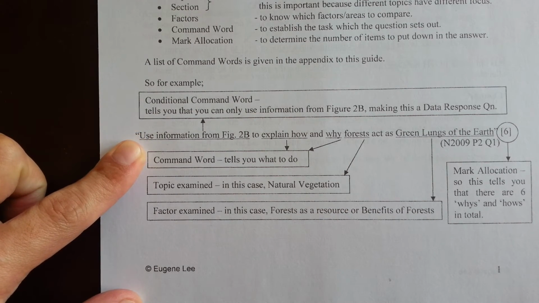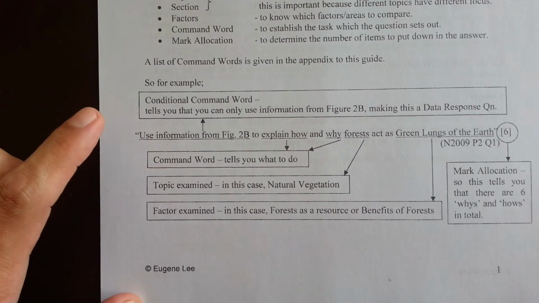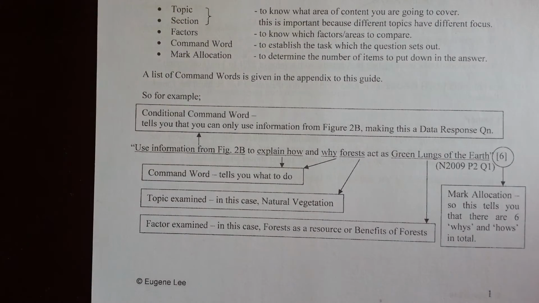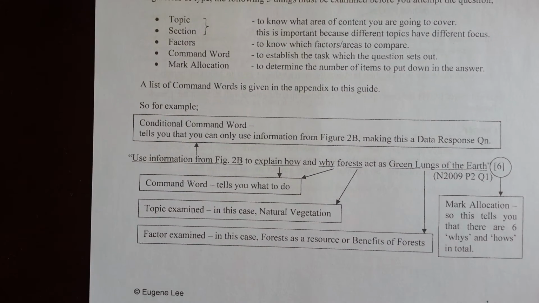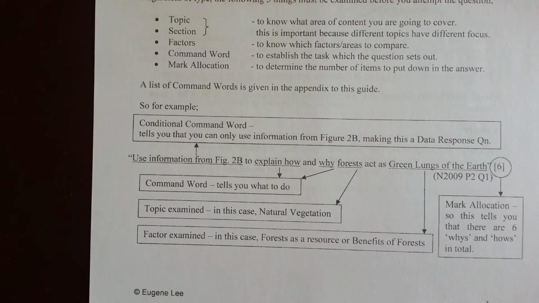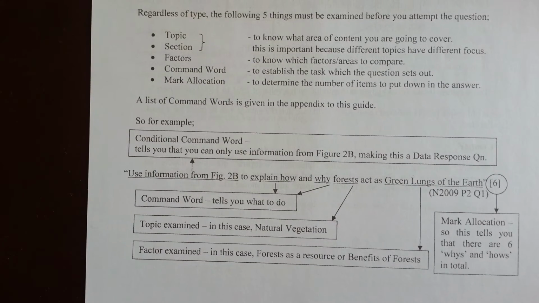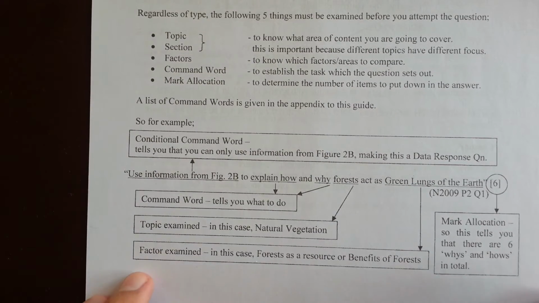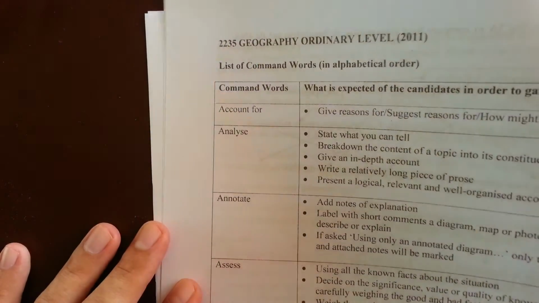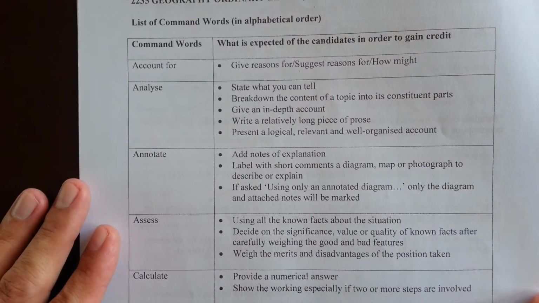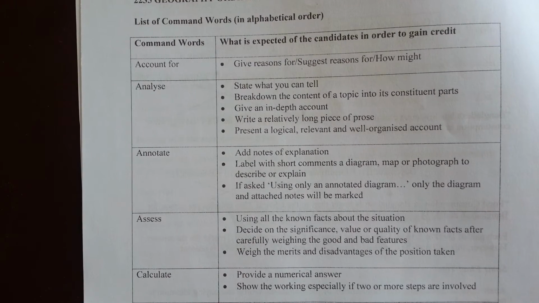All right? So at this juncture, you may be asking, how do I know what a command word entails? Well, for different syllabus all around the world, for different exams, they have different definitions for their command word. For example, in the 2235 Geography O-level syllabus, these are the definitions for the various command words.